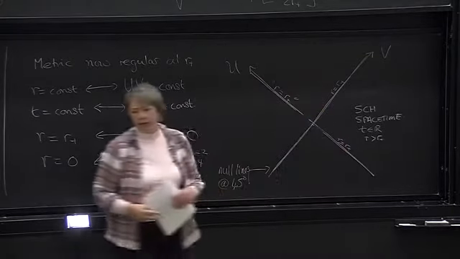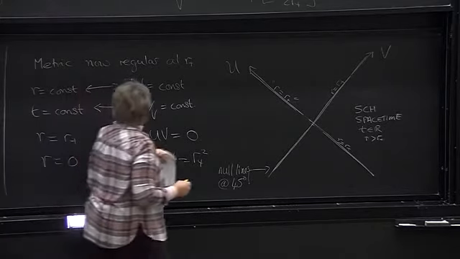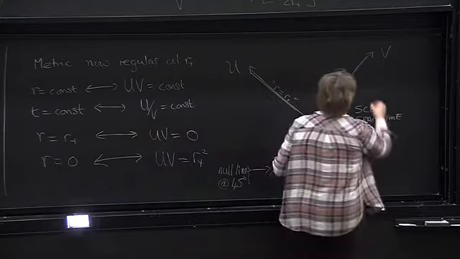The first thing we notice when drawing these coordinate lines is that suddenly it looks like we've generated a new horizon. We have two parts of the horizon. That's curious. So let's ask what these r and t equals constant lines are.